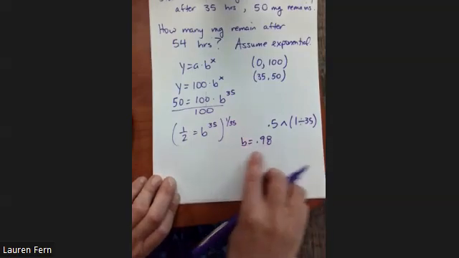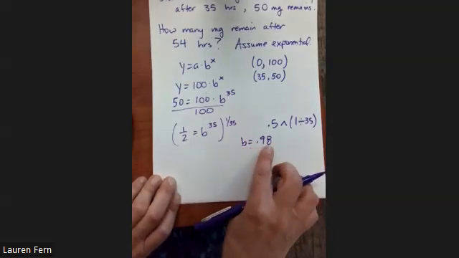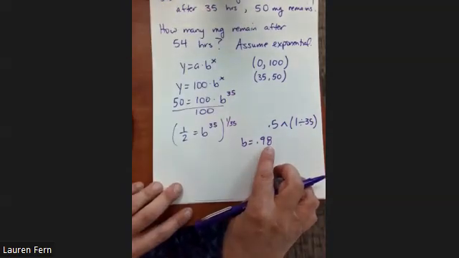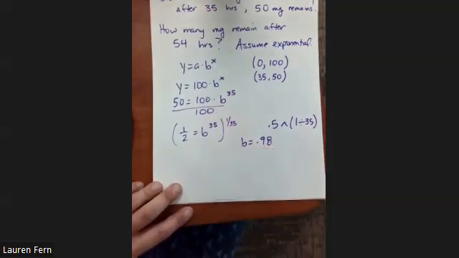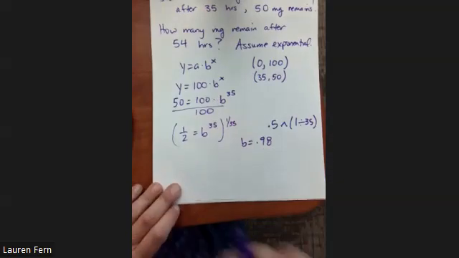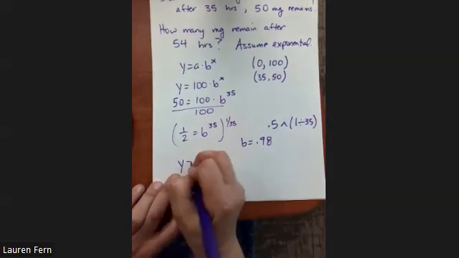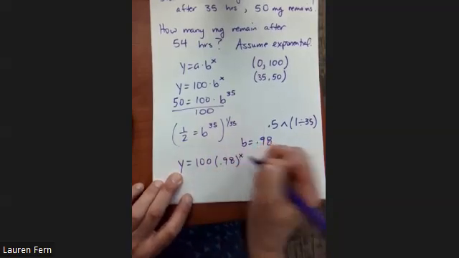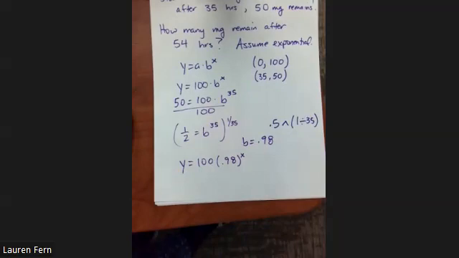Notice it makes sense that our b value is less than 1 because isn't this decaying? It's always good to be like, does that make sense? So I now know that I have 100 times 0.98 to the power of x. Have I answered the question that we were initially asked? Not yet.